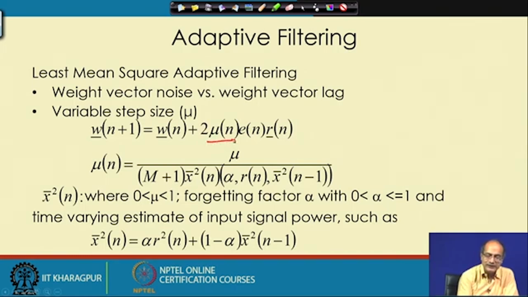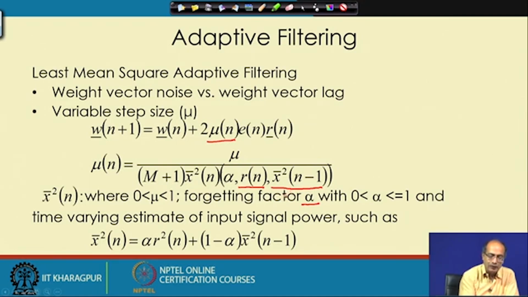And how is it changing? The constant mu divided by m plus 1. We know m is the dimension of the tap weight vector, and we have a function x bar square, which is a function of different things. Here there is something called alpha, a forgetting factor, then we have the reference signal Rn, and we have the previous value of x bar square.